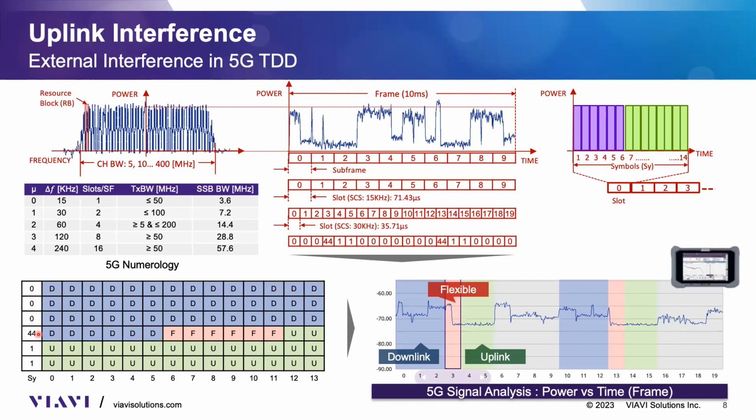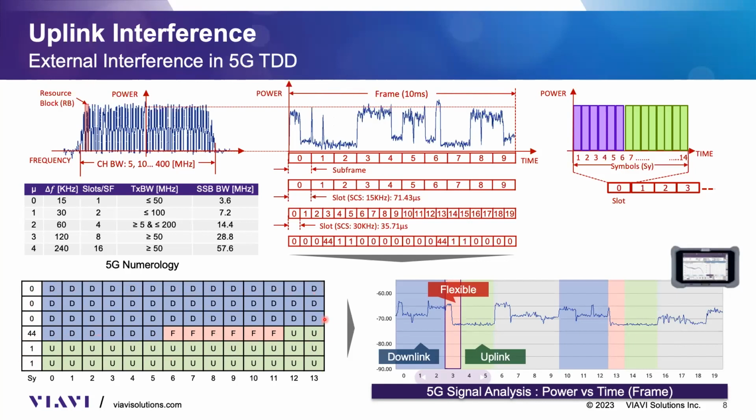Now my slot is configuration 44. And as you can see, I have a number of symbols, 6 of them being downlink. And then I have a number of them, 5 of them being flexible, and then uplink. And then the rest of them is 1.